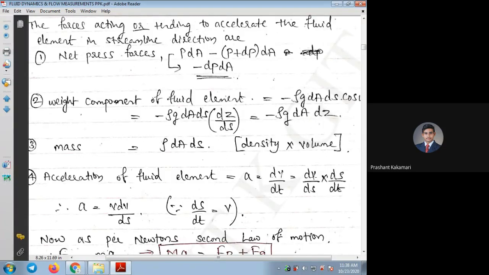That is the change in velocity with respect to change in the particle length ds, and the change of particle length with respect to change in time.